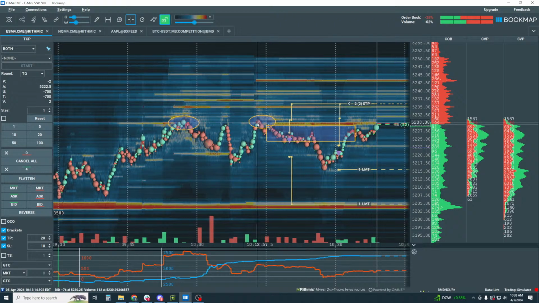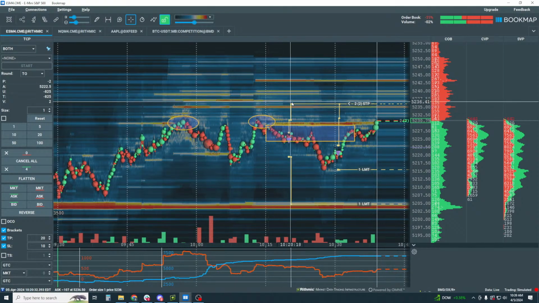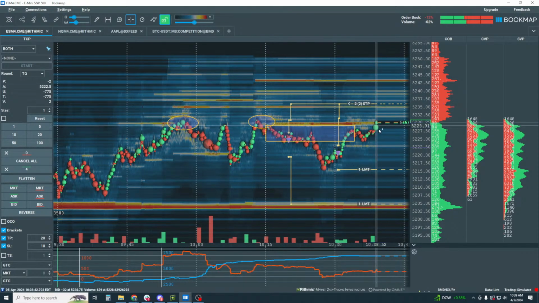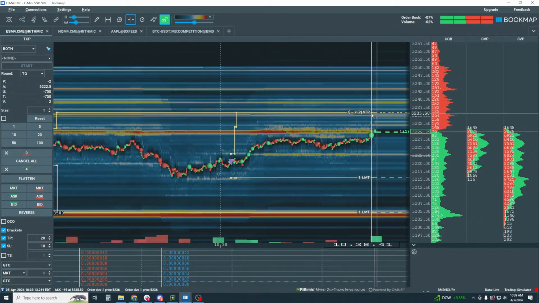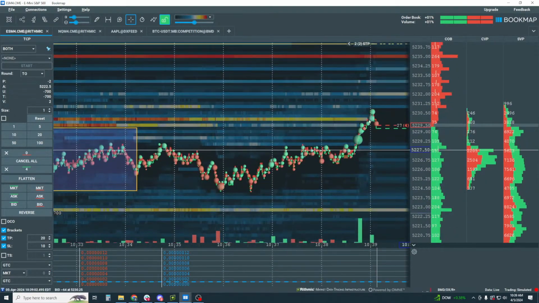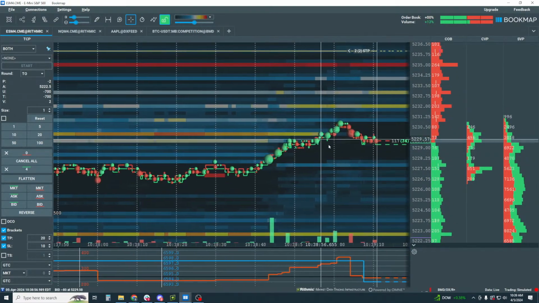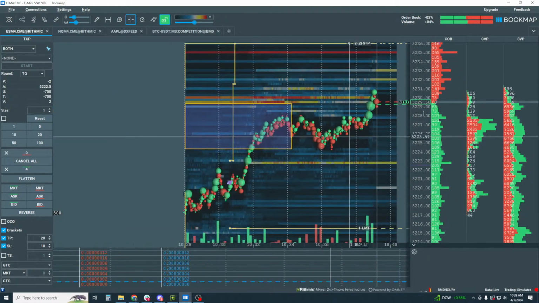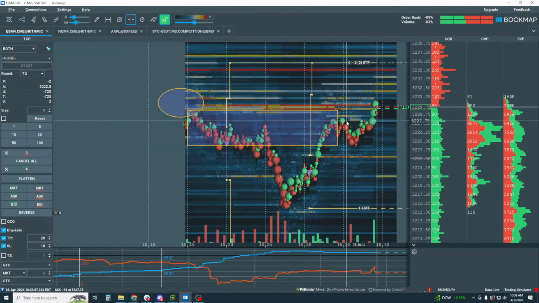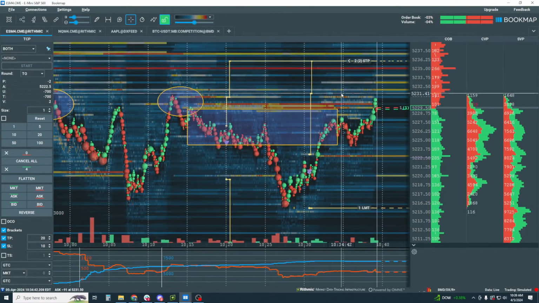They're coming back to retest this area here, as you can see. Right now, we're just going to stick with our criteria. And now you can see the buyers coming in, and are they trading with this liquidity? Yep.